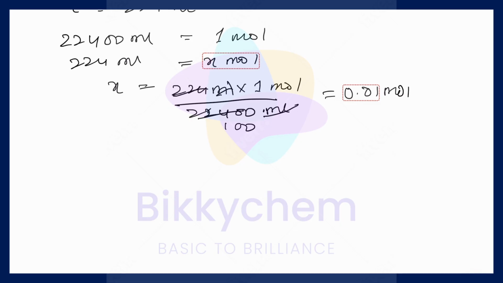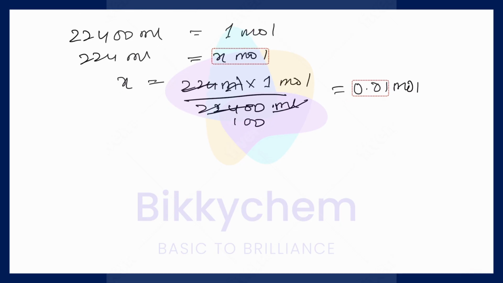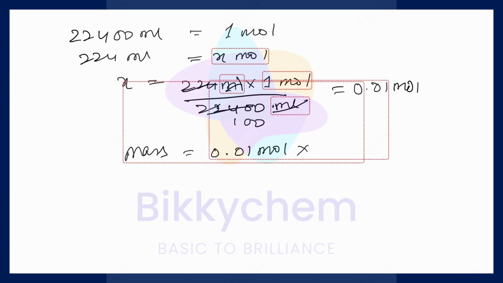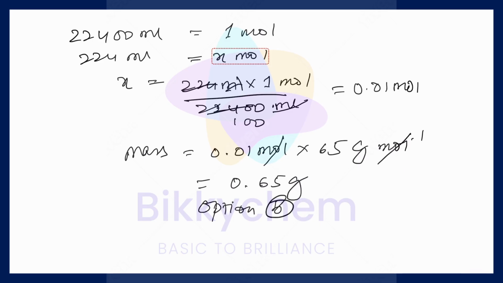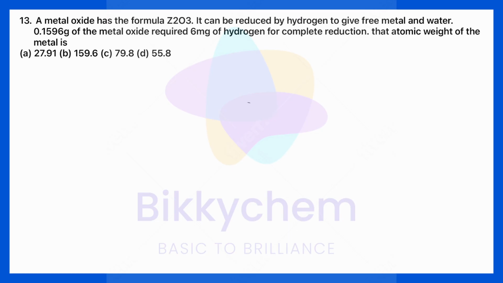Now in terms of mass will be mole into molar mass, that is 65 gram per mole, which is 65 gram. So looking onto the options, it is B.